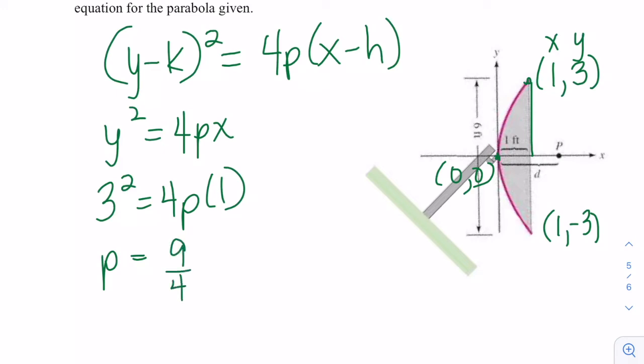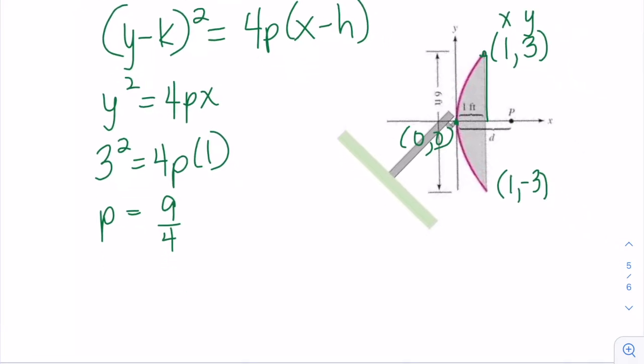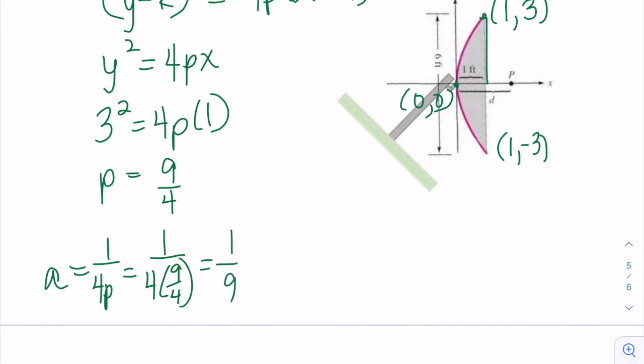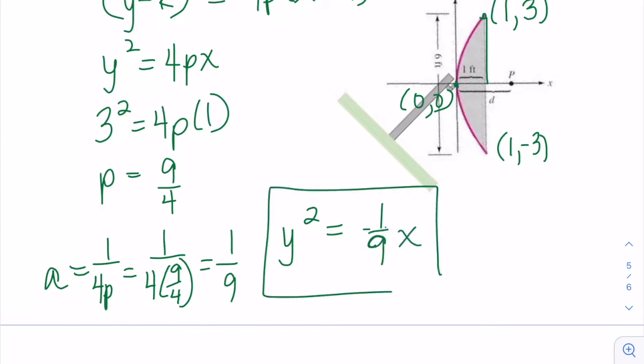If we know that p is 9 over 4, then we can easily write the equation because we know that a equals 1 over 4p. So 1 over 4 times 9/4 would be 1/9. So we have the equation y squared equals 1/9 x.